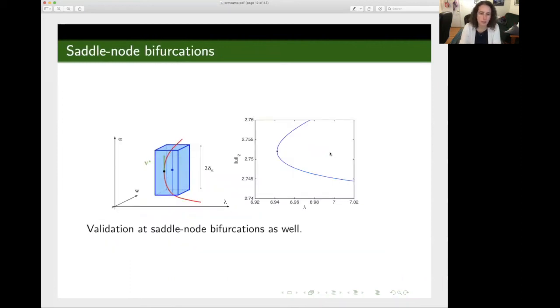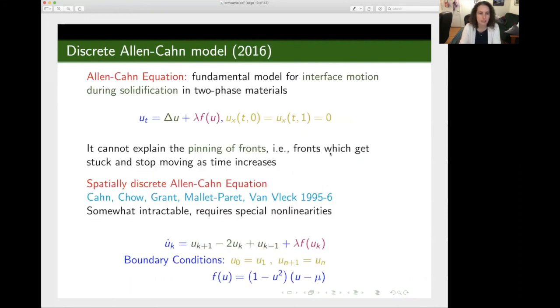And we also came up with a separate way of writing the coordinates in such a way that we could validate saddle node bifurcations. And so I want to describe how we use this method in the case of the discrete Allen-Cahn model.